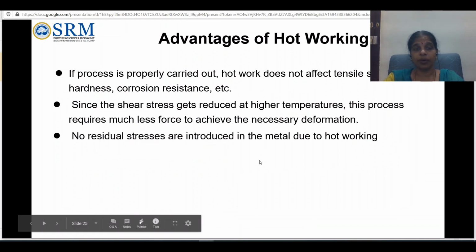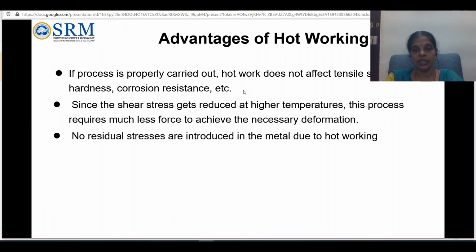The drawback is that if the process is not properly carried out, it affects the tensile strength. So the heat treatment should be proper and you have to heat the metal to the proper temperature. Less force is required, which is one advantage. Here you are just using heat energy and then applying mechanical energy, so the equipment needed for applying mechanical energy may be less.